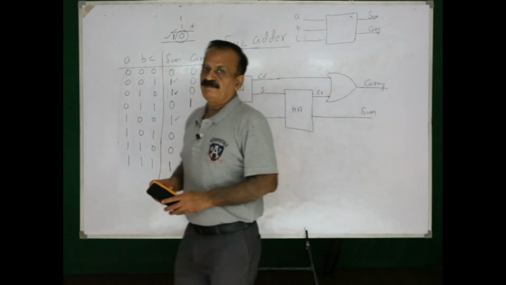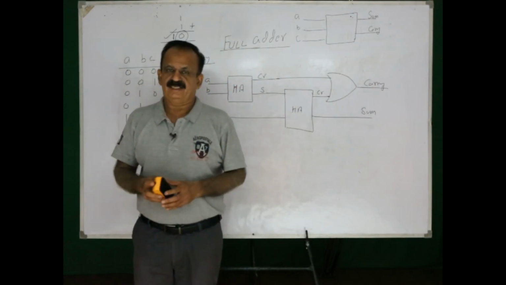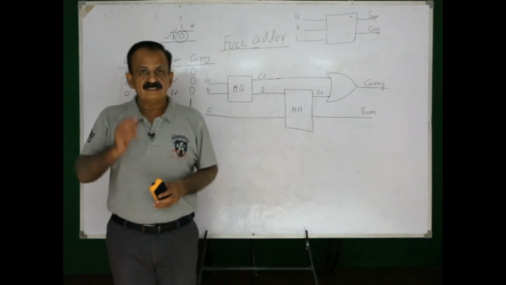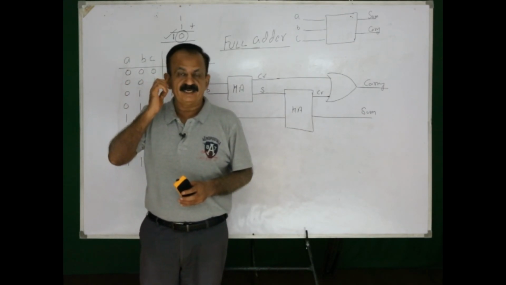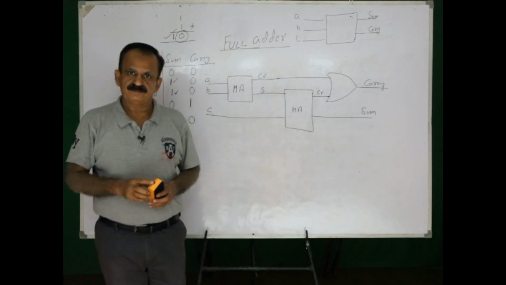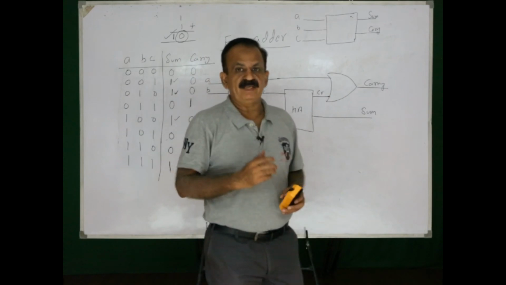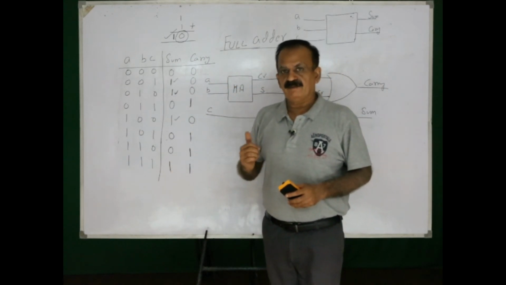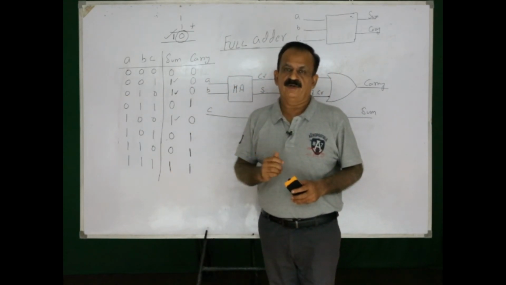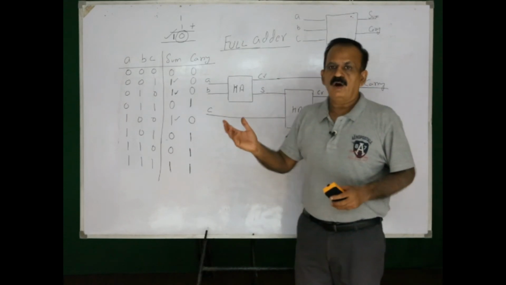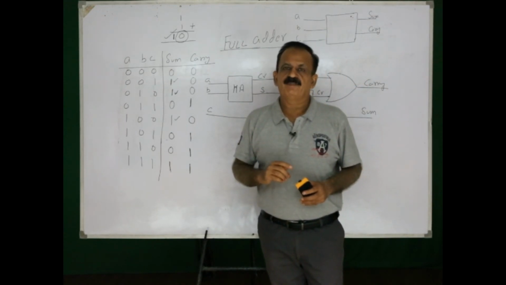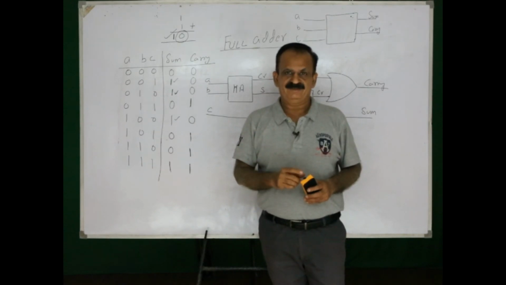Another question can be, what is a combinational circuit? Is half adder or full adder a combinational circuit? Justify. And another one, implement the circuit diagram of half adder or full adder with the help of universal gates.